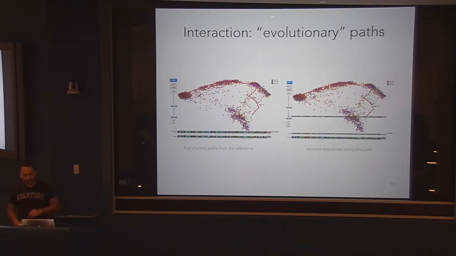Another thing was that one of our collaborators wanted to use this tool to figure out possible pathways between sequences. Pathways in the sense of evolutionary pathways, because there is some belief that evolution occurs along one-mutation pathways.